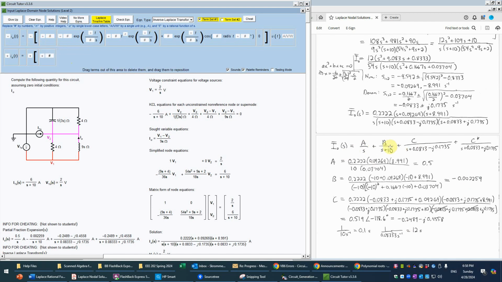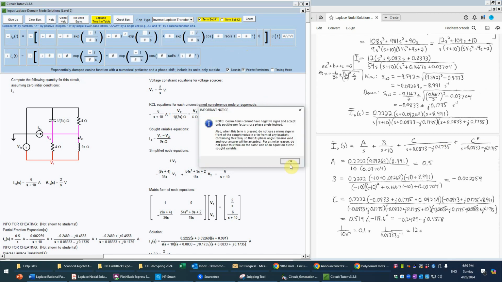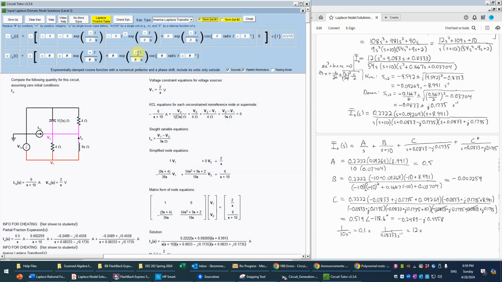And then here we have an exponential term, as you may remember. So that's going to be this type of term. And then for this, that's a complex conjugate pair of poles. So that's going to yield us the exponentially damped trig function. And it reminds us that we have to have the prefactor of that be positive, and don't try to do any funny games with minus signs there because it won't work for cosine.